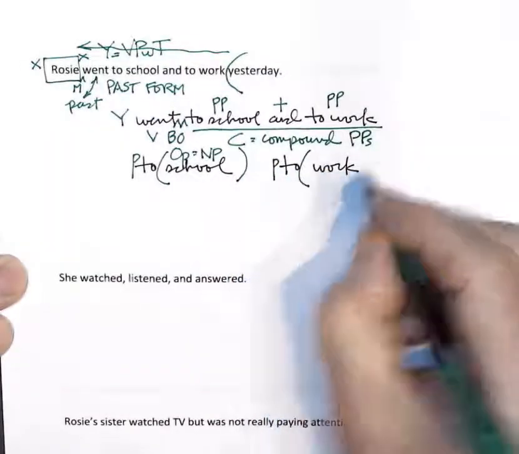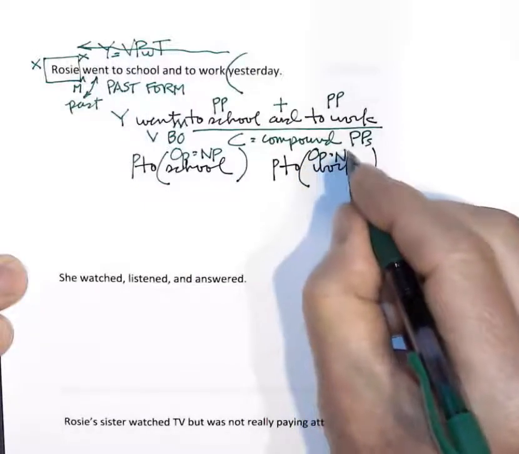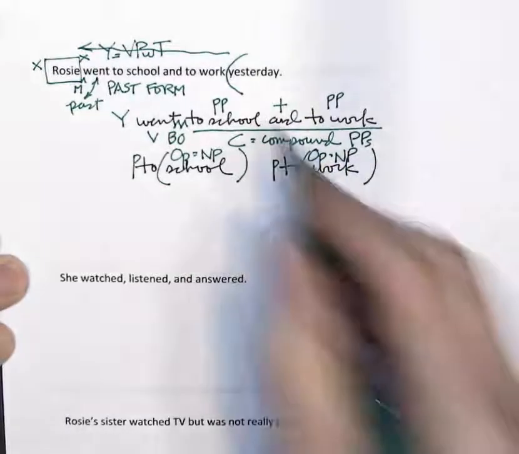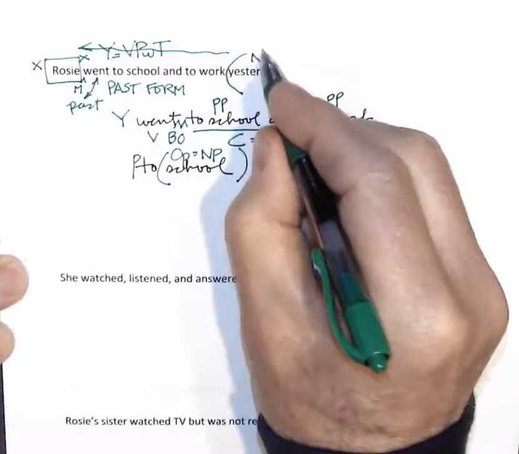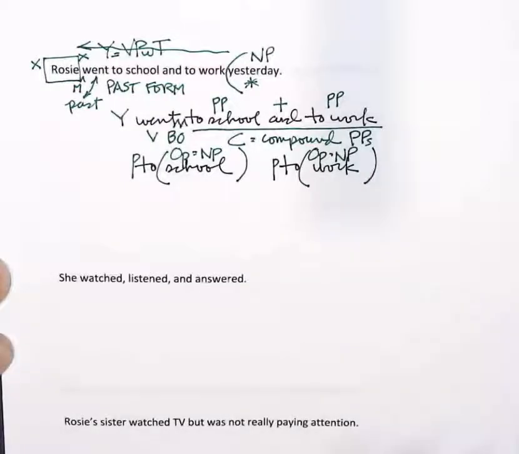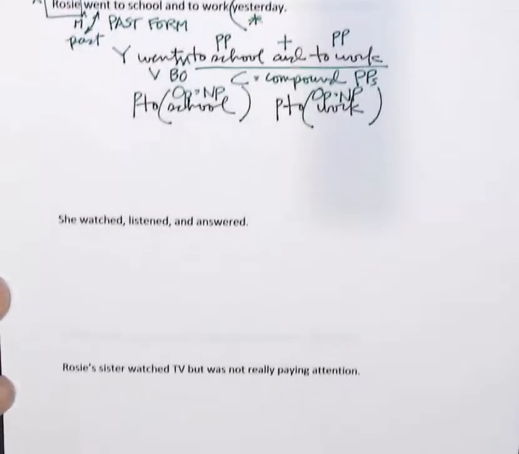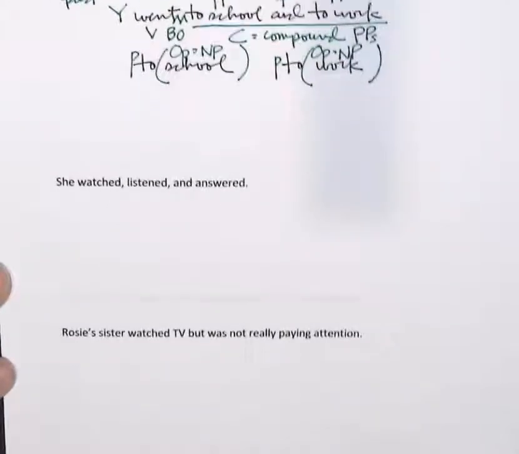There's the preposition. The object of the preposition is also a noun phrase. Yesterday, we don't have to do much more with. It's also a noun phrase. And we're done. Please stop the video, analyze the next sentence, come back, and we'll take a look together.